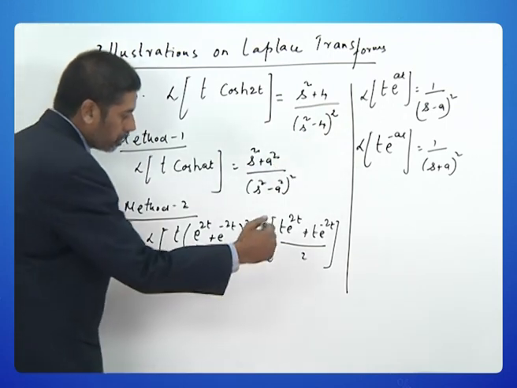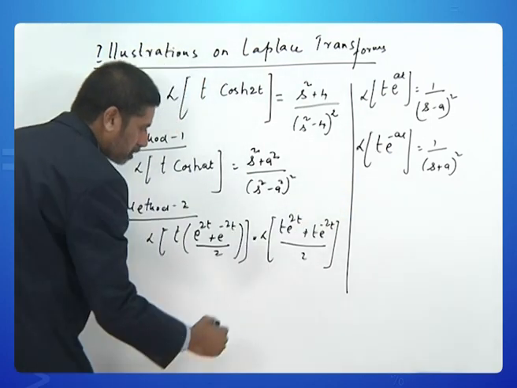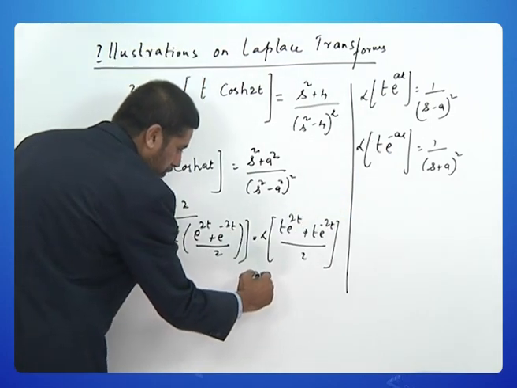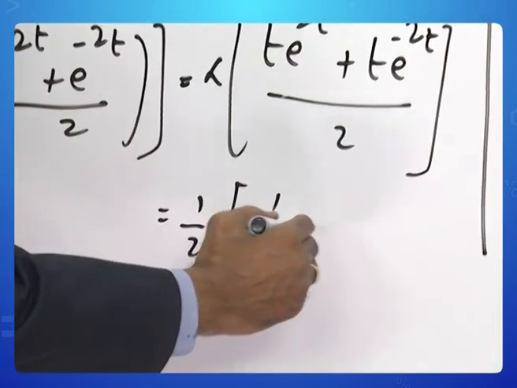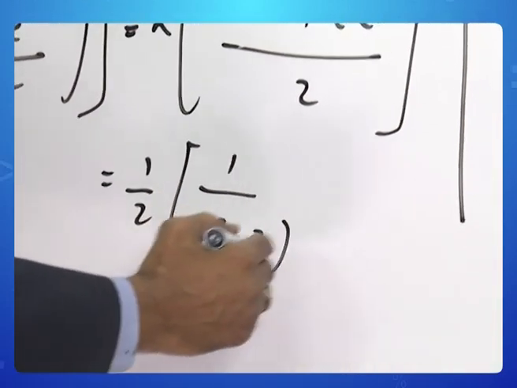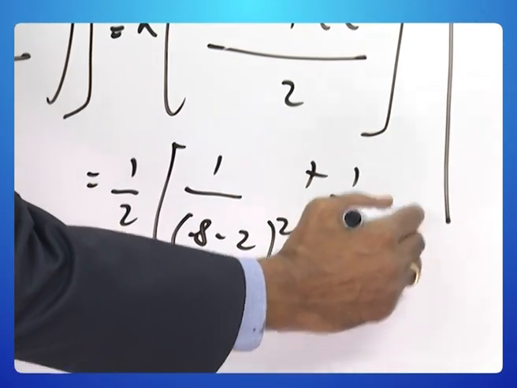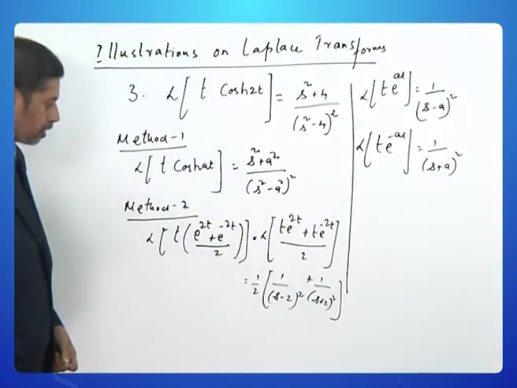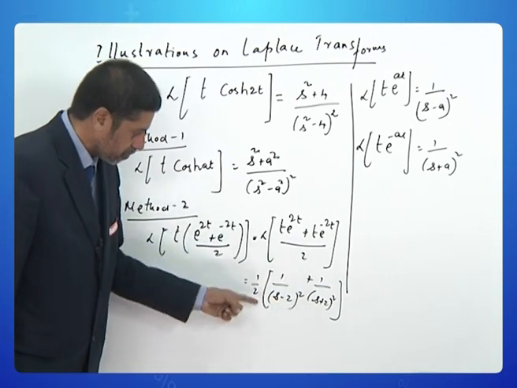If you take this with reference to those two properties, you will have half of 1 by (s minus 2) whole squared plus 1 by (s plus 2) whole squared. Now what you need to do is just simplify this.